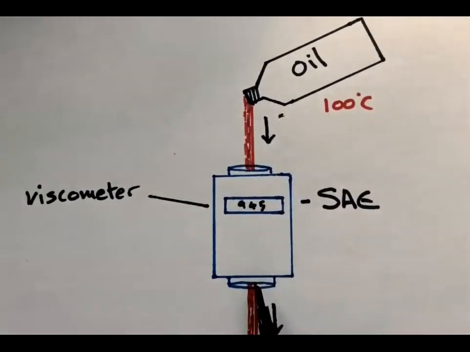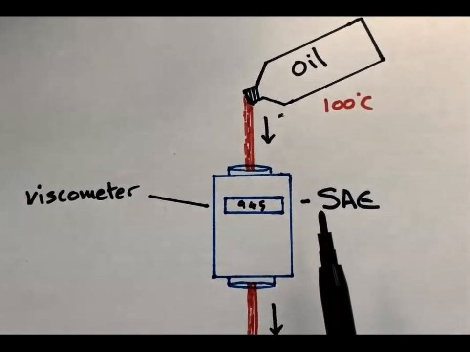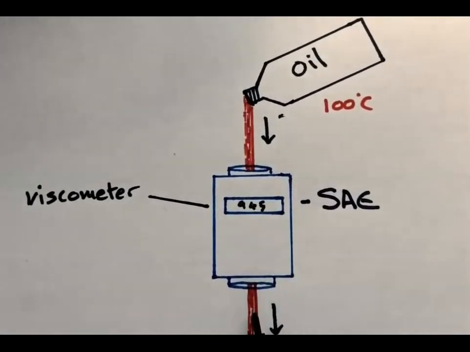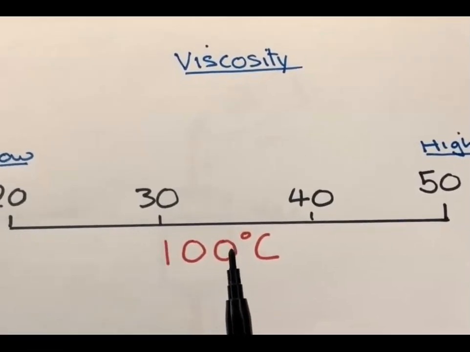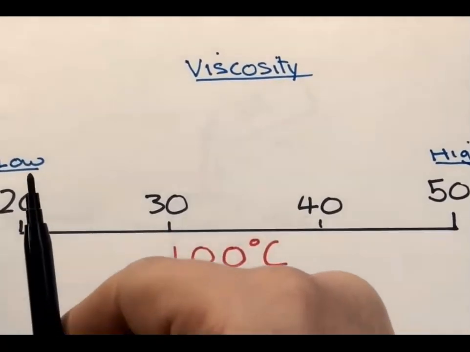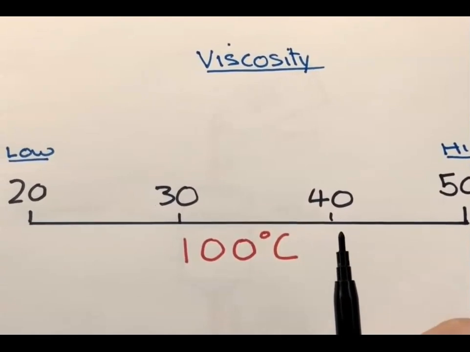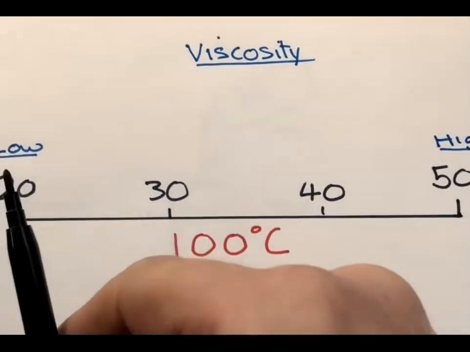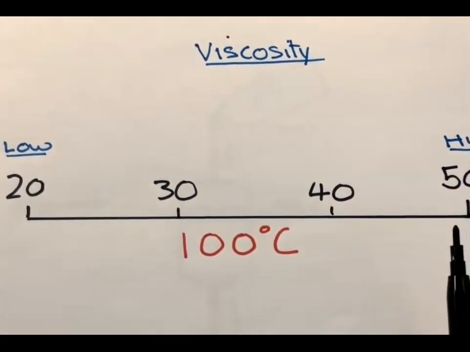Now the slower it travels through here at this temperature, the higher the SAE number is given. The faster it travels down here, the lower the SAE number. So this all relates to its viscosity or its thickness. The faster it travels through the viscometer, the lower the viscosity, and the slower it travels through the viscometer, the higher the viscosity, so the thicker. The thinner travels through quicker, the thicker travels through slower.